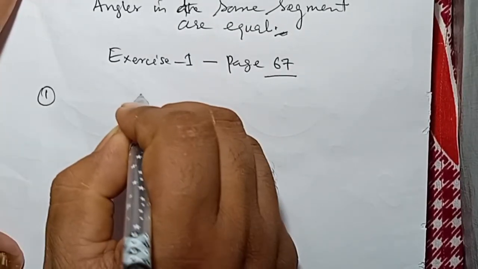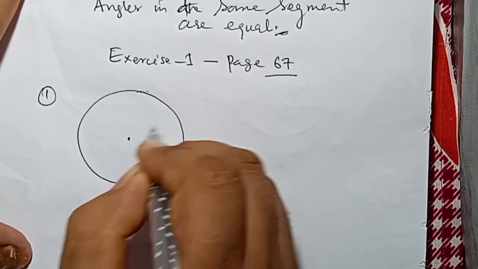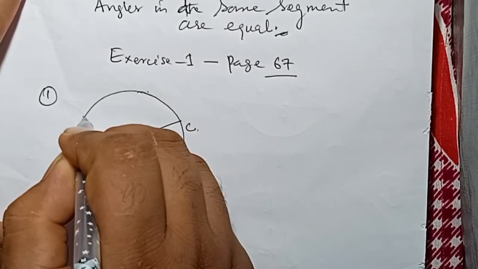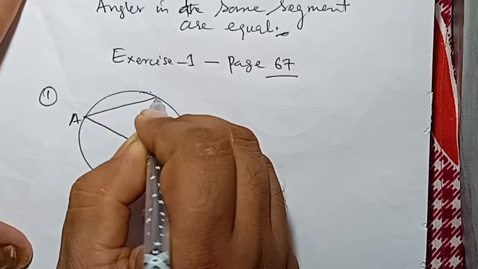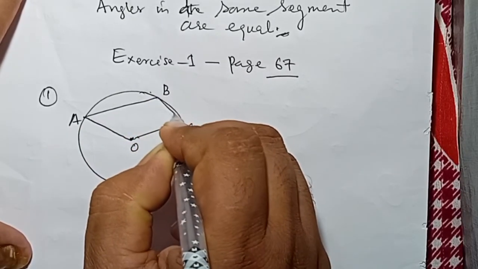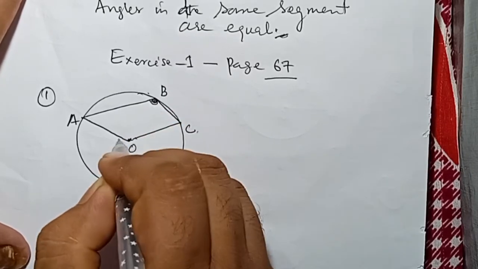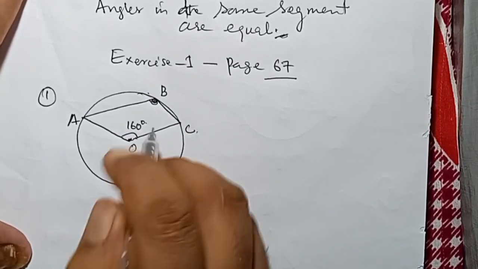So the first question is like this. Here is the center, this is O. This is C, this is A, this is B, and this angle is the shaded one. The measure of this angle is given as 160 degrees.